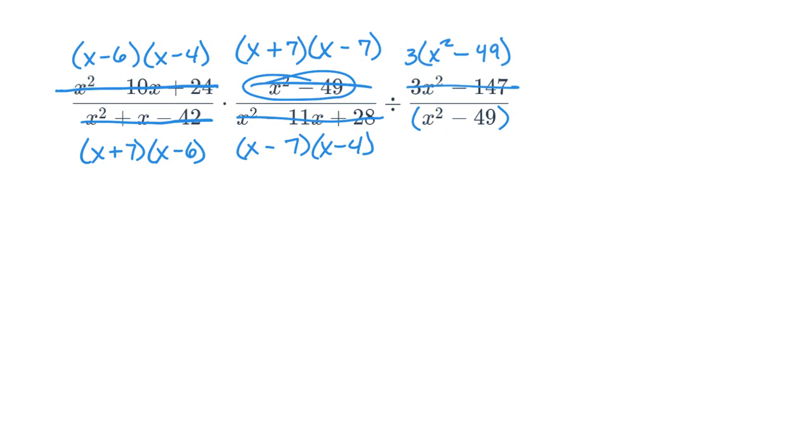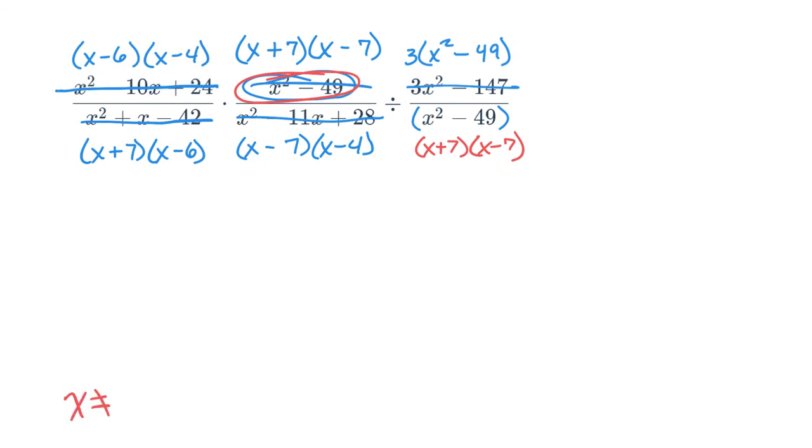So what I need to do is find the difference of squares, which I've already done. Remember, right here. So this is x plus 7 times x minus 7. I will be putting that one back though, because I want to just cancel the x squared minus 49. So let's go down here and state our excluded values.